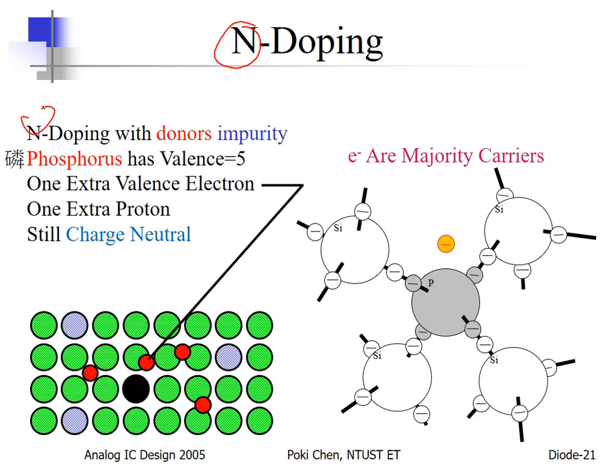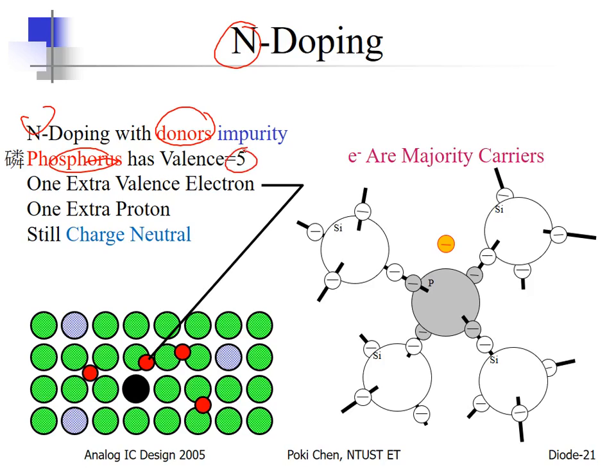N means N-type. We would like to dope the so-called donor impurity, for example, phosphorus. Phosphorus has 5 valence electrons in its outermost shell, right?